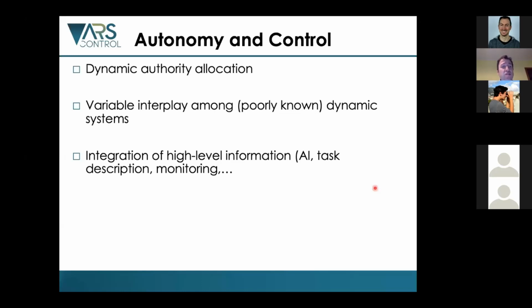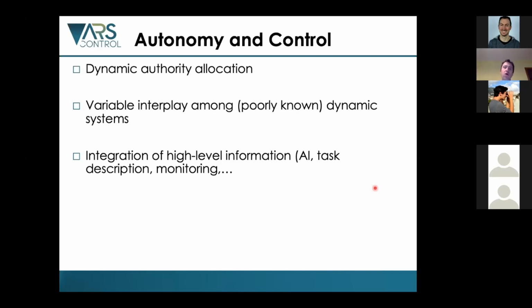And then there is also a further problem. Right now we have seen amazing advances in artificial intelligence, and there are wonderful ways of describing tasks like linear temporal logics and other beautiful settings. And perception is becoming more and more informative and more reliable.